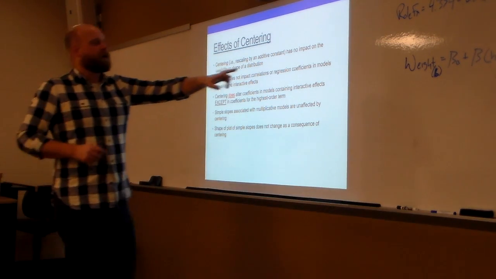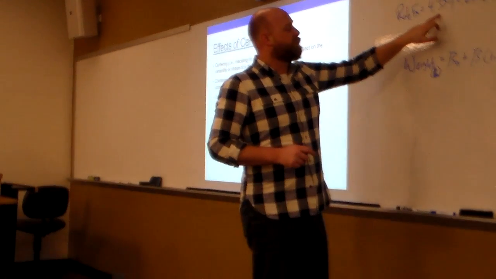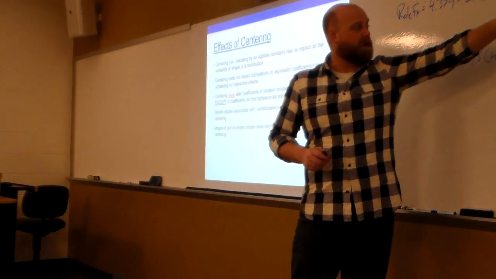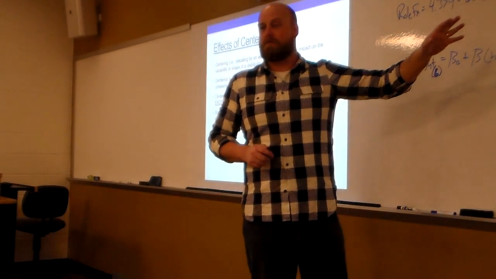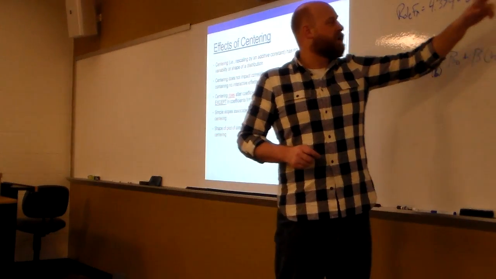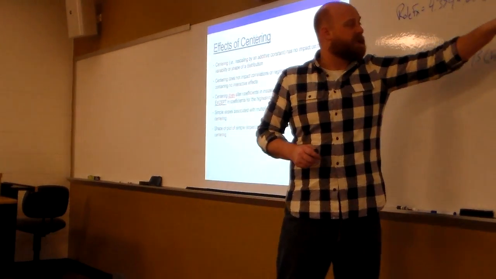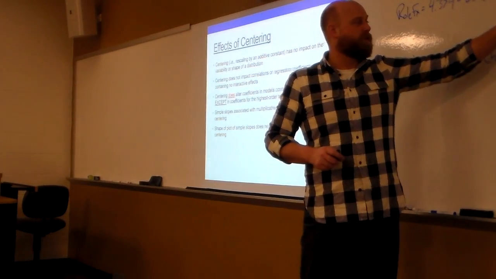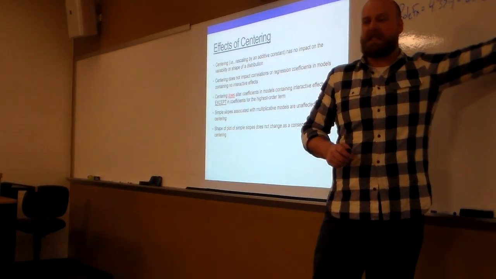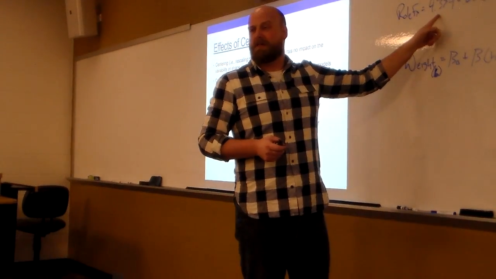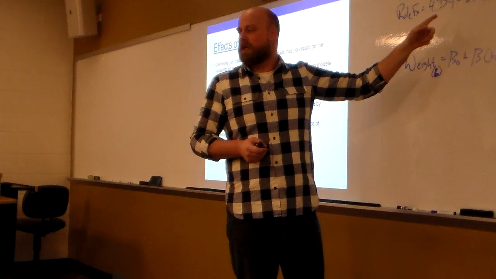Because again, remember, this is my expected value of role functioning when opiate use, pain, and PTSD are all held constant at 0, right? Now, if I go through and center these, let's say I center pain and PTSD, now this is going to be the expected value of role functioning when pain is at the mean and PTSD is at the mean. And that's obviously going to change my intercept, right?